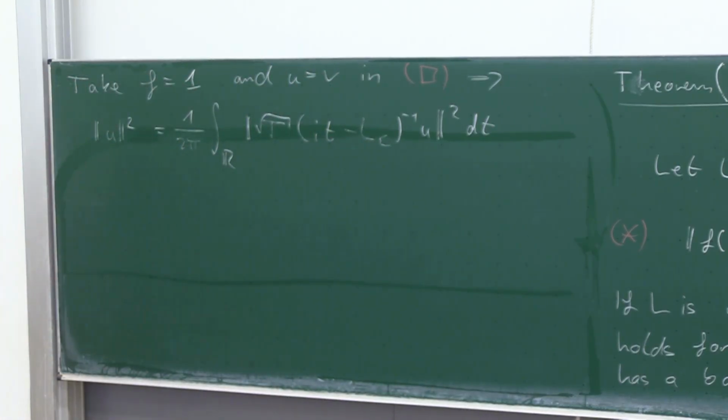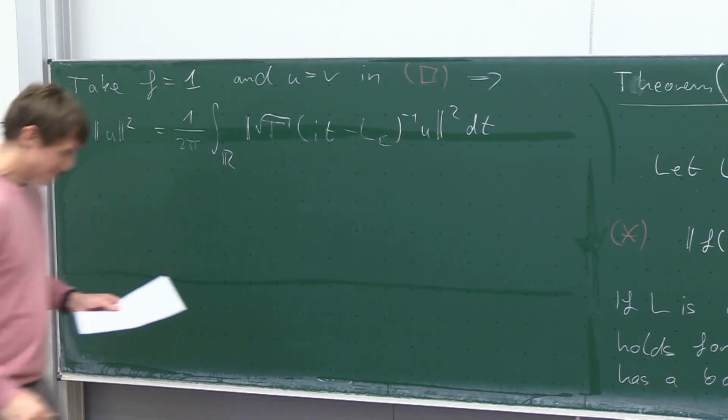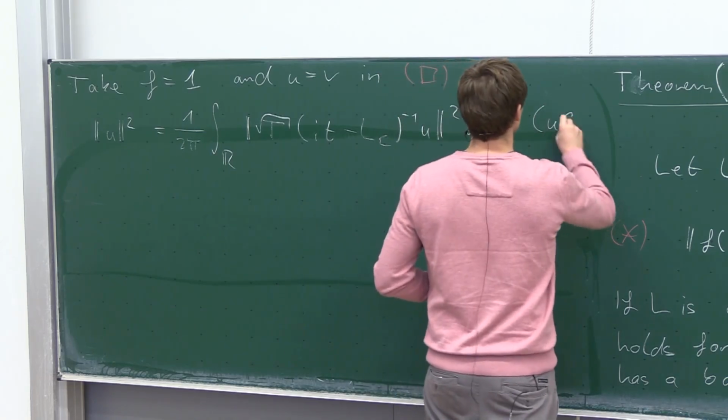Okay, so this is how we can now express the norm of u for any Hilbert space element u in H.